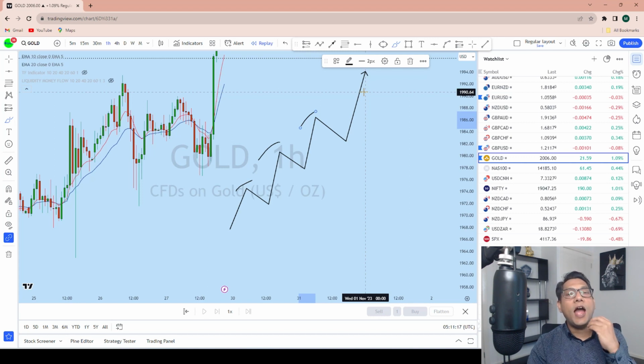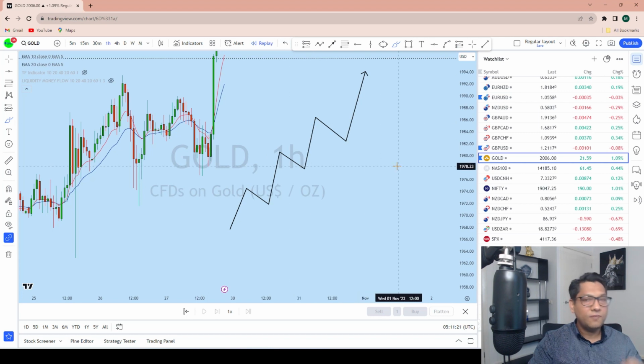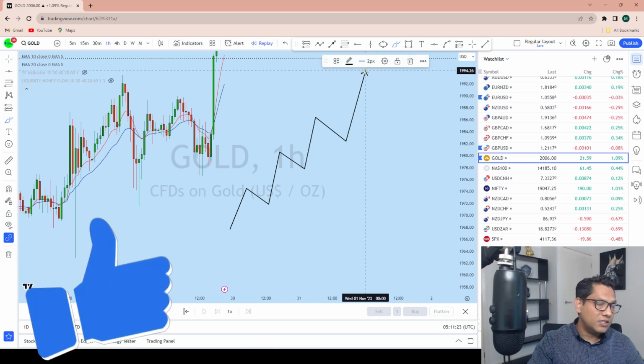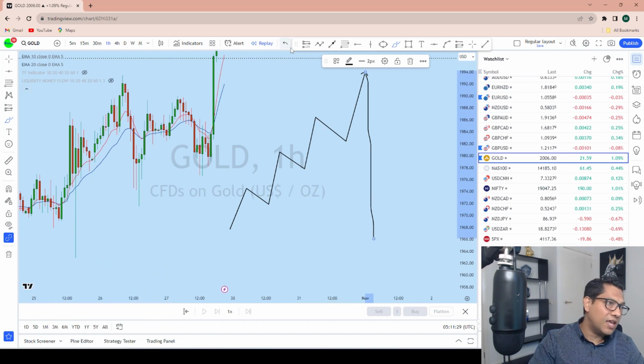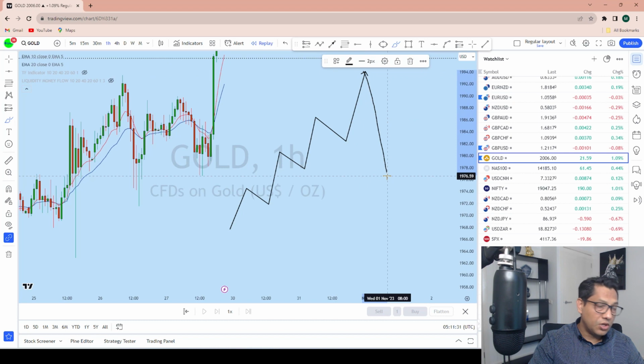Once you identify that uptrending market structure, the next step is to wait for the break of structure. When you see that break of structure, you know that this market has broken out of that structure and can take a leap in the major direction of the trend. This is the key point here.